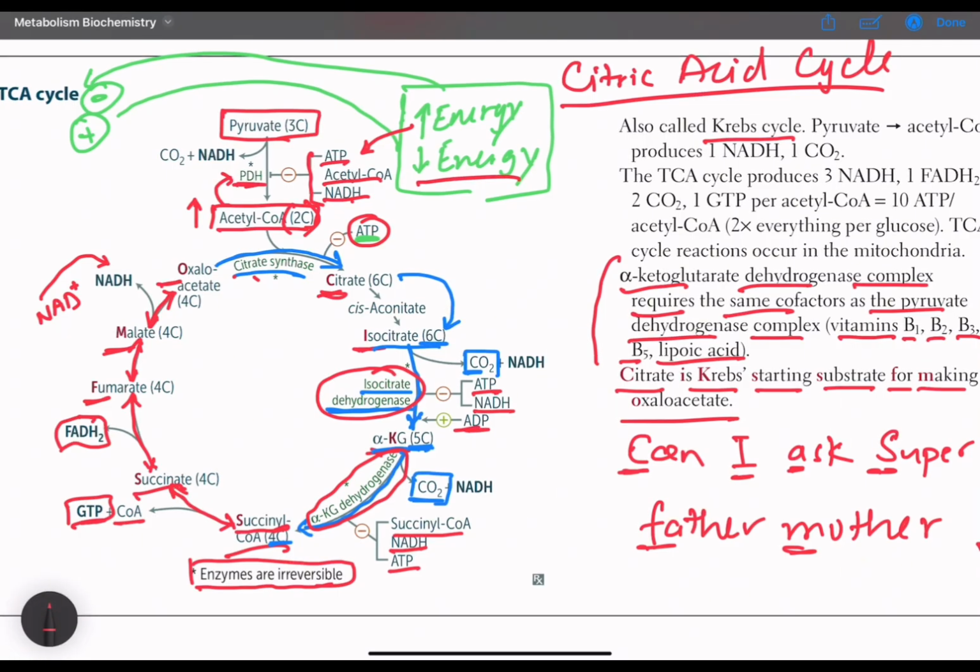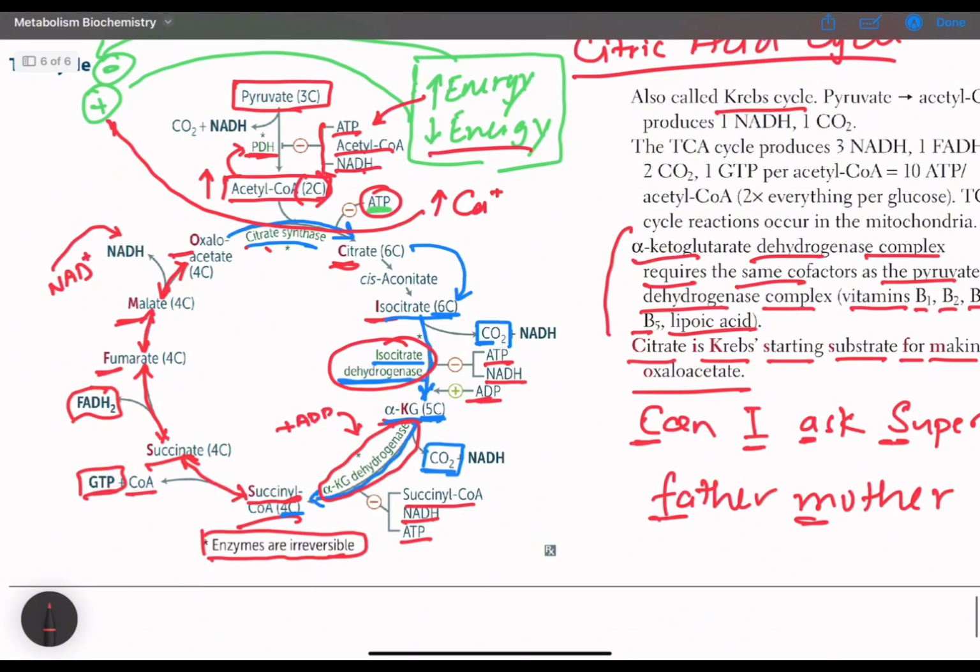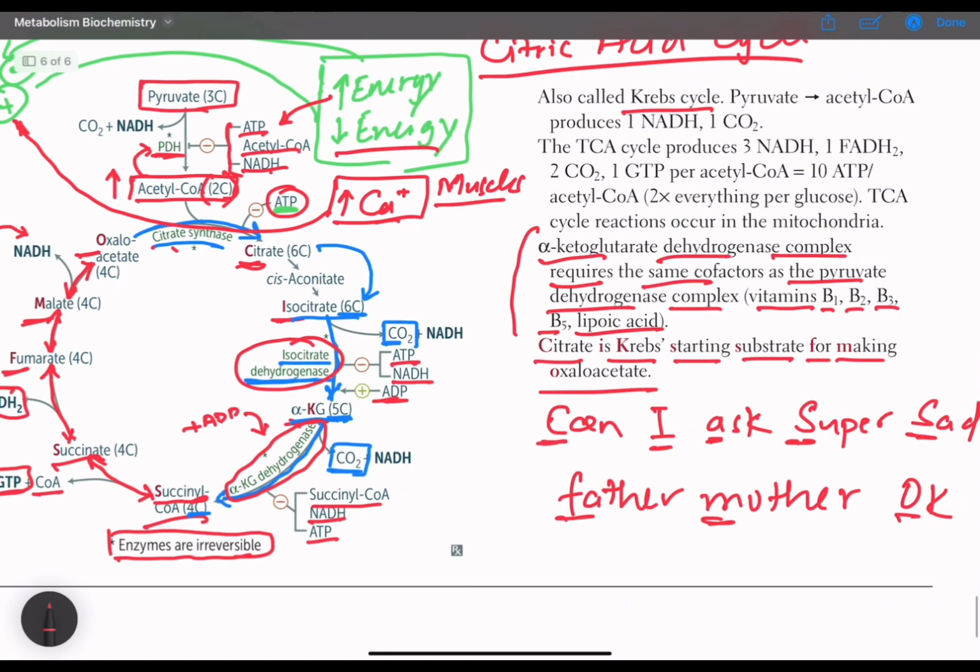ADP, the low energy state, activates isocitrate dehydrogenase. The same goes for alpha ketoglutarate dehydrogenase; ADP also activates it. And increased calcium levels also activate the TCA cycle, because calcium signals that the muscles are contracted, so muscles will need energy.